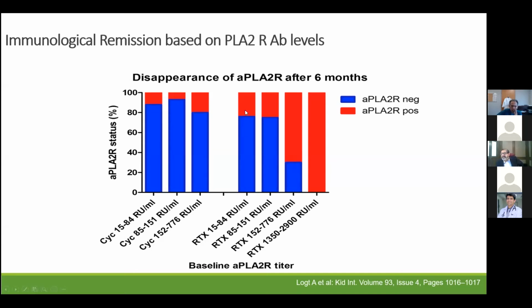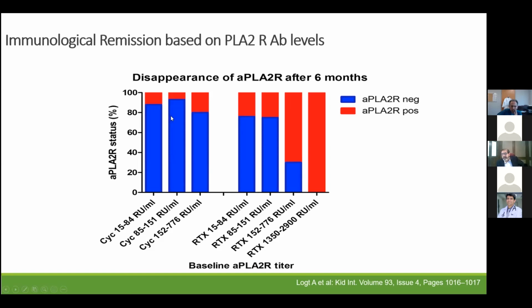Here you're seeing response rates of about 80%, so not bad, but about 20% are not going to respond. Middle band, pretty similar story. If you've got antibody levels of up to about 151, rituximab is going to cause a remission in about 75% of the people, cyclophosphamide in excess of 80%.